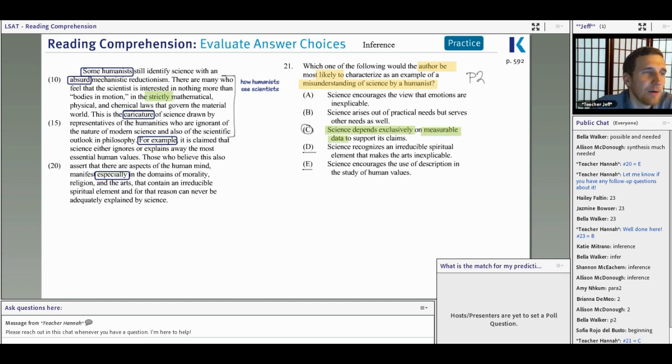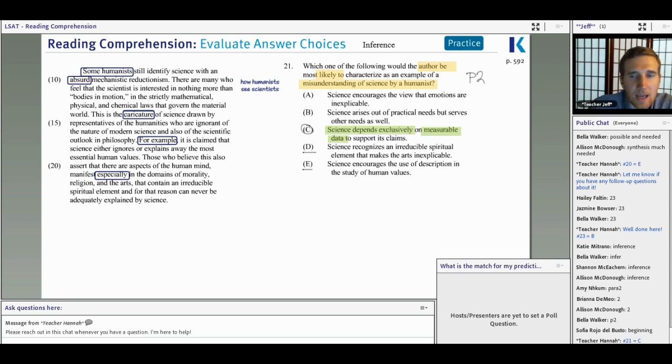Measurable data, that would be things like bodies in motion, mathematical, physical, chemical laws. It's also interesting to note that answer choice C sounds very similar to something you will have read in the last paragraph. So it is also possible to get this question right due to research in the last paragraph. But the exact wording of question 21 really should be taking you to paragraph 2. And since it's about the author, it's about the beginning of paragraph 2.